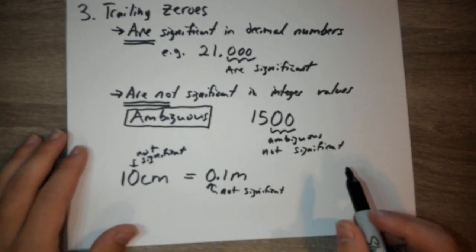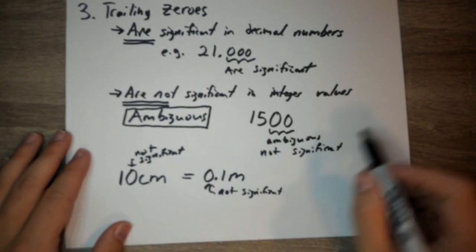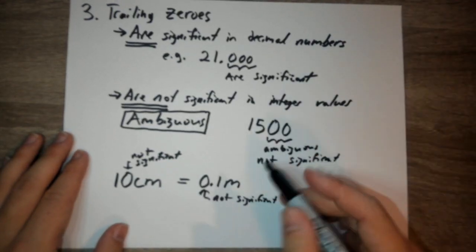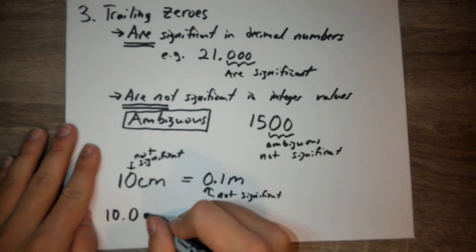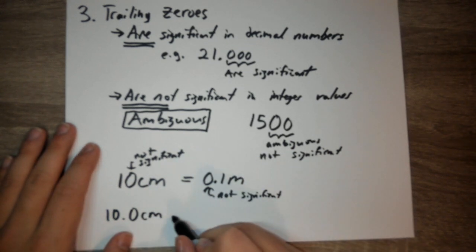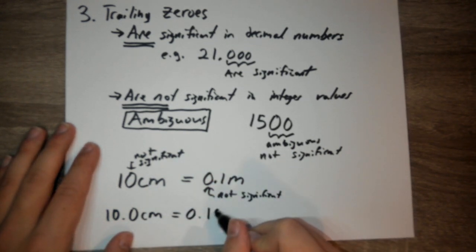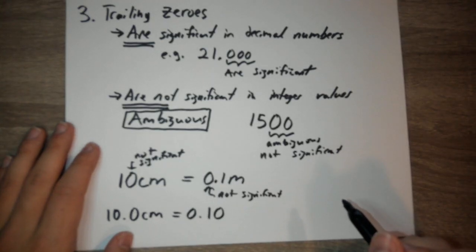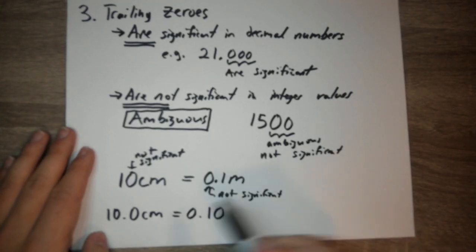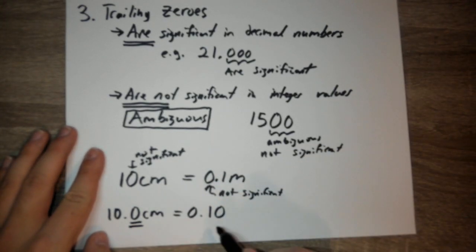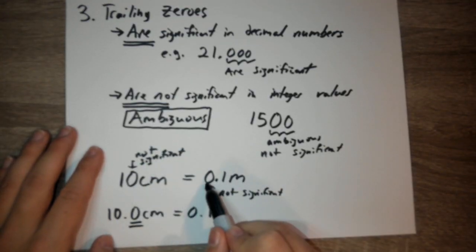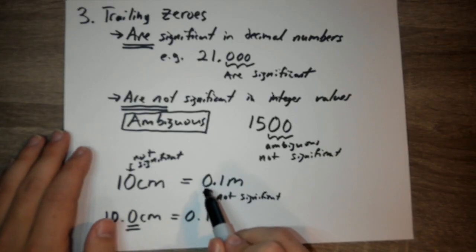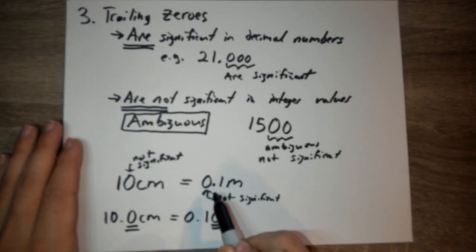What would tell us about the precision of this measurement is if we said 10.0 centimeters and then 0.10 centimeters, right? So now we know we have some precision here, whereas this 0 and this 0 are just placeholders for the scale of what your measurement is.